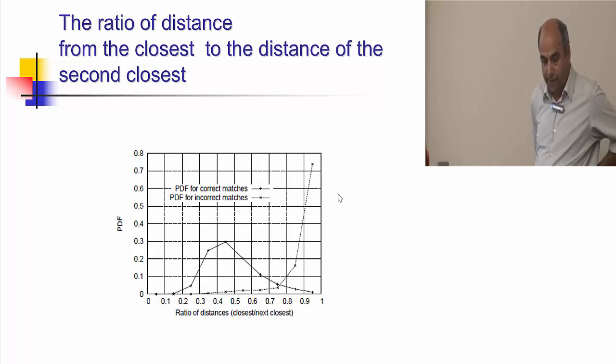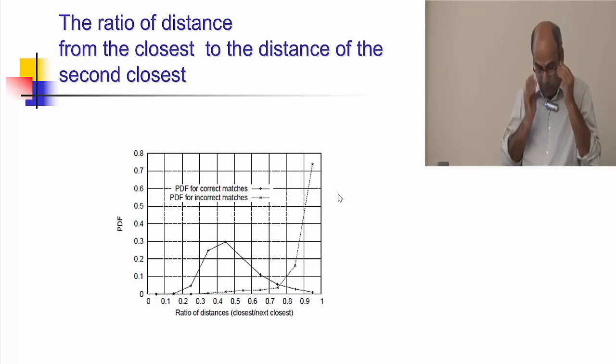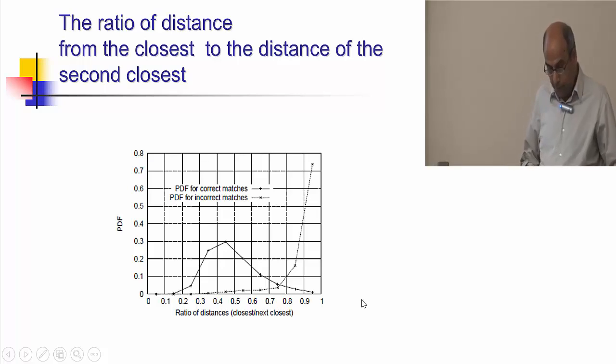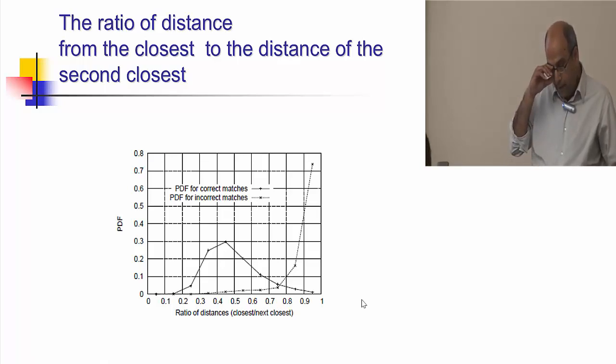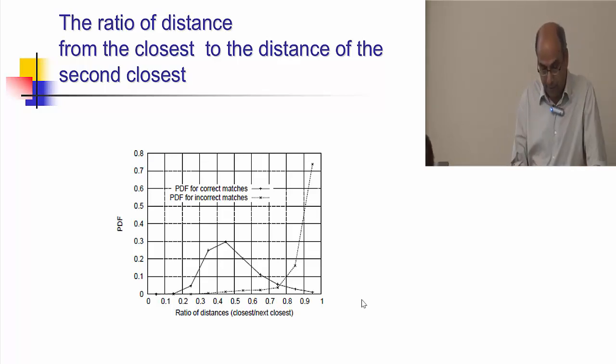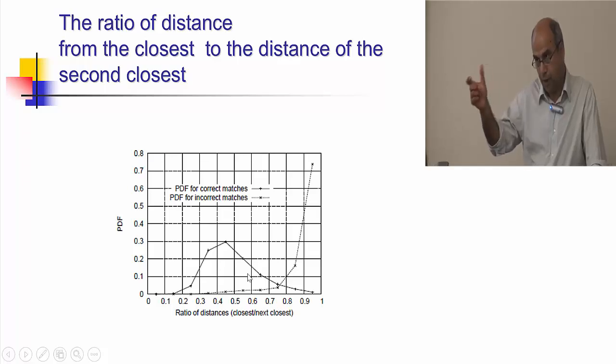He did an experiment and looked at the ratio, different values of the ratio as shown here, 0.1, 0.2 up to 1. Then he found the distribution of these correct matches. This is the curve for the correct matches. If you use ratio 0.2, you have this many correct matches; 0.3, this many; 0.5, this many. These are all correct matches because you know the ground truth.